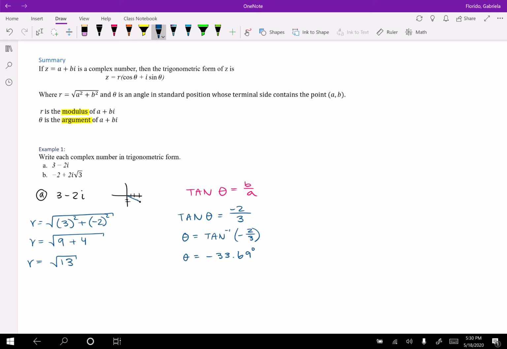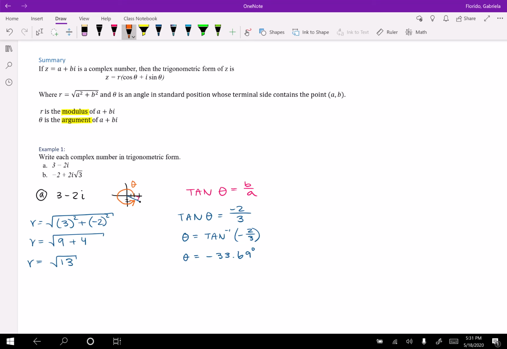But notice that angle is actually the clockwise angle from the positive real axis to my terminal side. But I'm actually looking for the angle in standard position, so I am looking for the angle in here in orange. And we know that one whole rotation is 360 degrees.